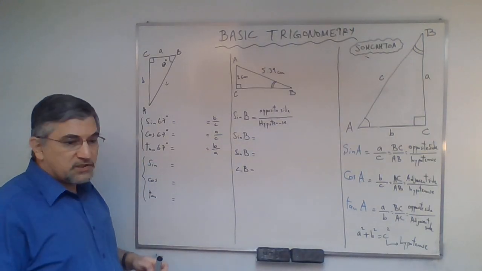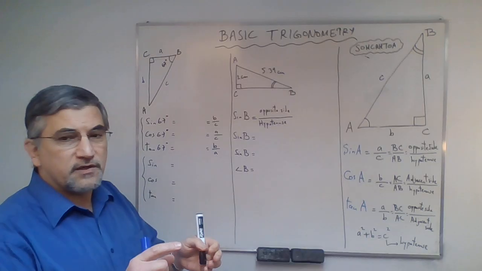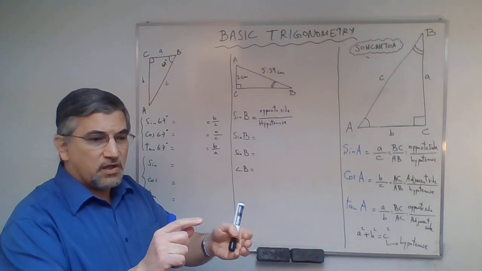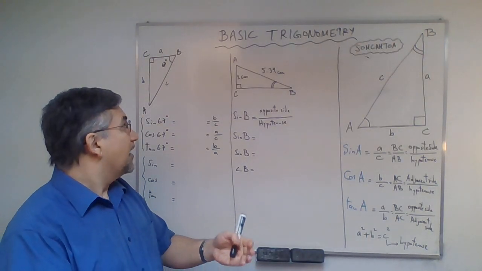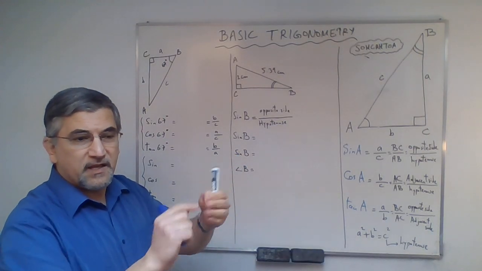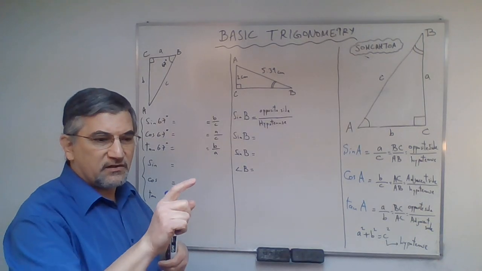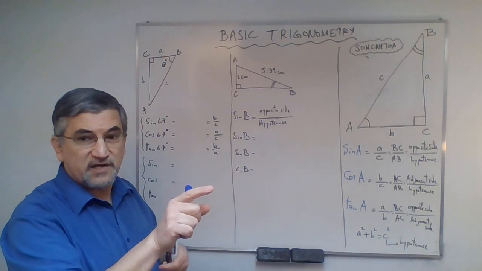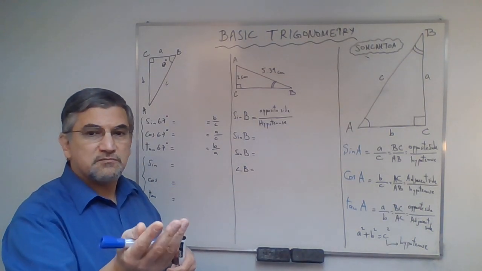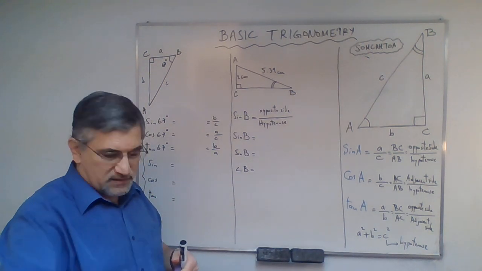So now we need a calculator, and on the calculator, you make sure that your calculator is in degree mode, and you punch in sine, and then 67 degrees. On some calculators, different models, you have to punch in the angle first, 67, and then you press the sine button. But some other models work the other way. You have to press sine first, and then 67.